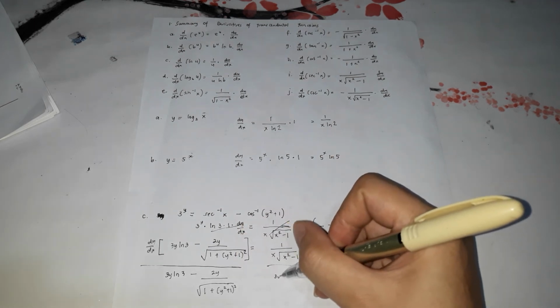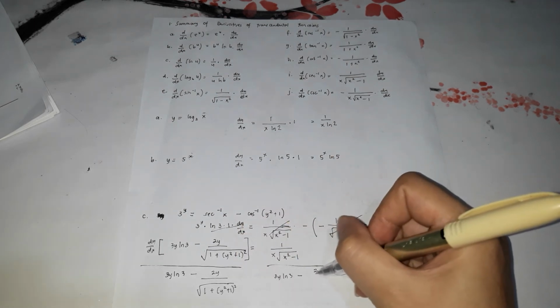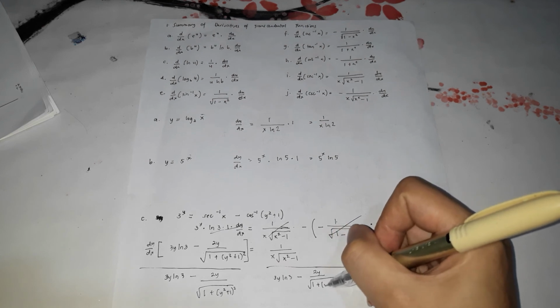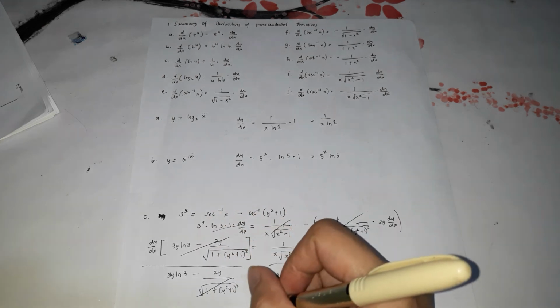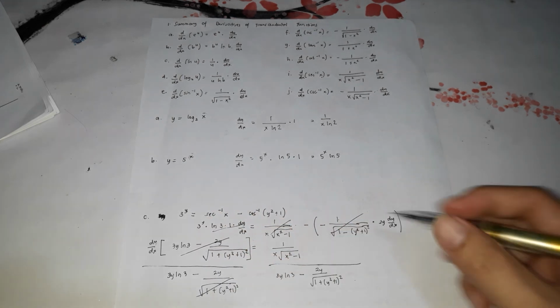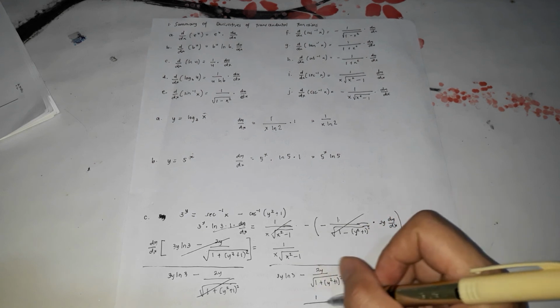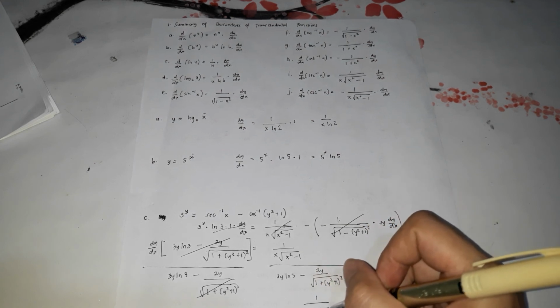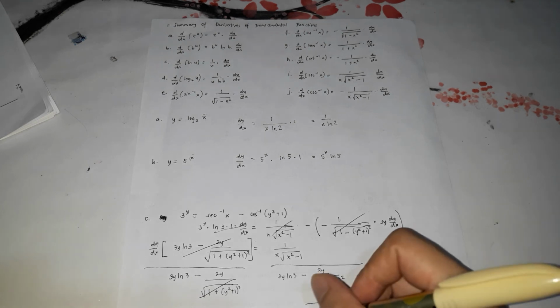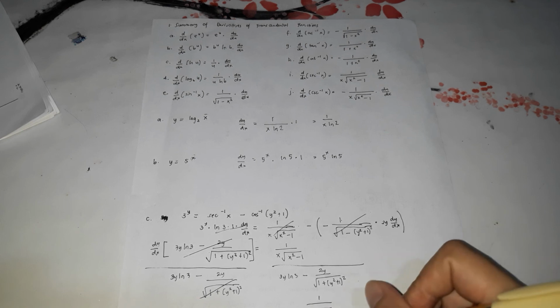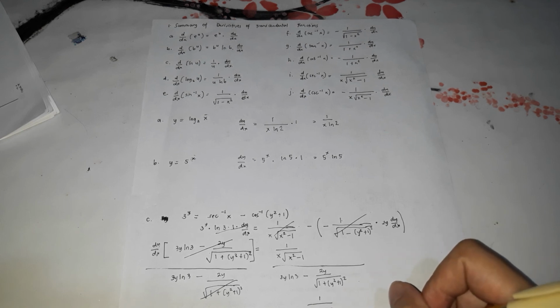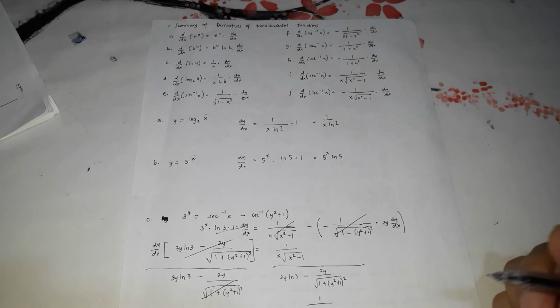Here also, 3 to the y ln 3 minus 2y over the square root of 1 minus y squared plus 1 squared. So this cancels, and what remains is dy over dx. Because it's very complicated, just copy the part that you can't see: minus 2y over the square root of 1 minus y squared plus 1 squared.